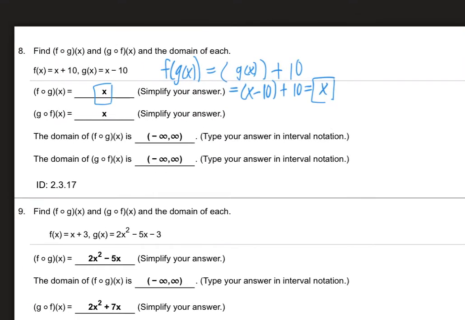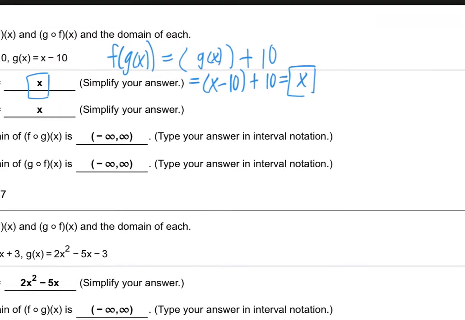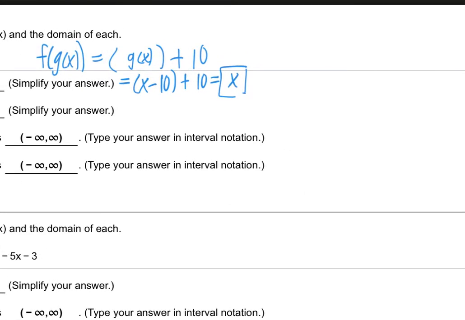Now, in this case, you can already see that f of g of x and g of f of x come out to be the same thing, but that's not always the case. So let's think about what g of f of x would be and how to calculate that.